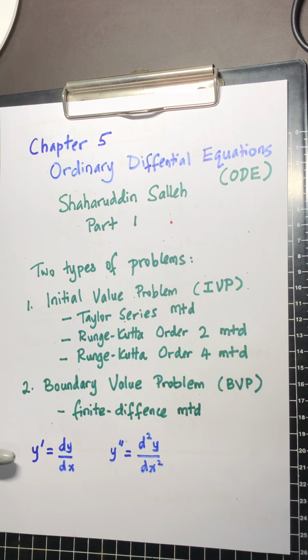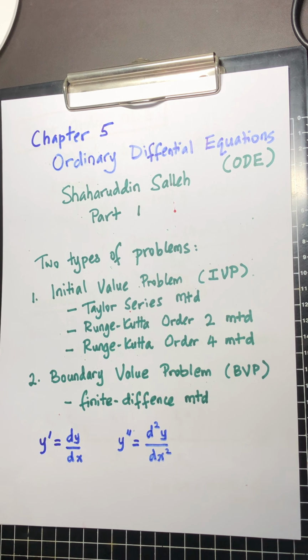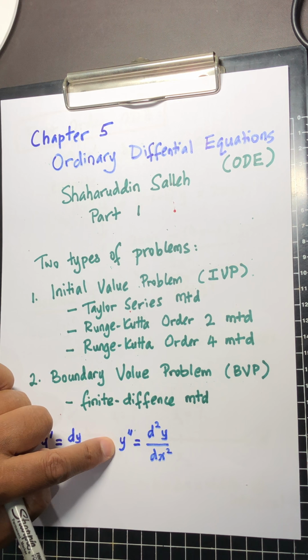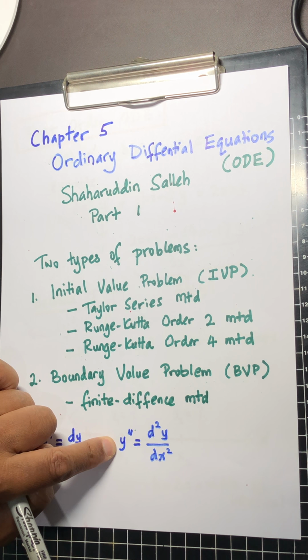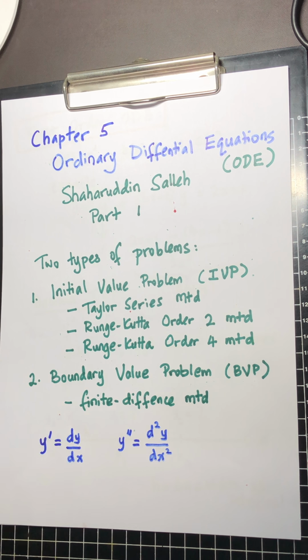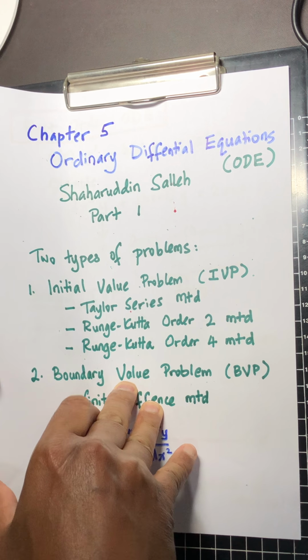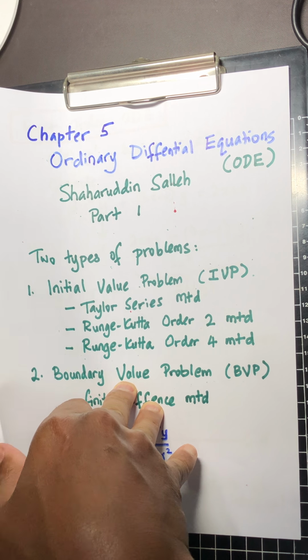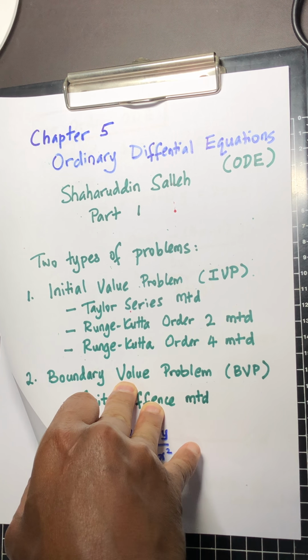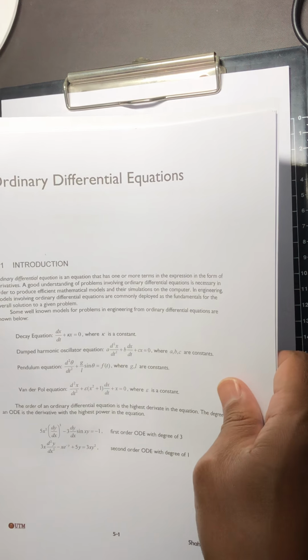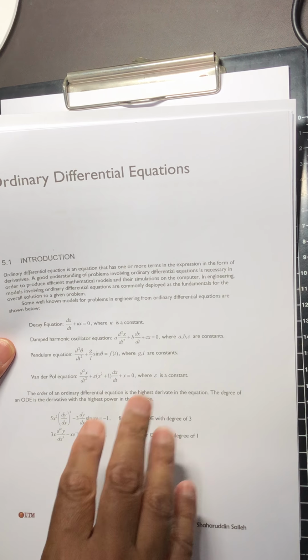So y prime, as a background, is a symbol for dy dx. And y double prime is a symbol for second order, which is d2y dx squared. So something that you should know. You should have the notes with you ready. This one here, ODE, chapter 5.